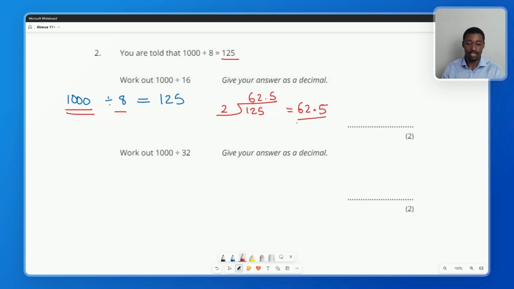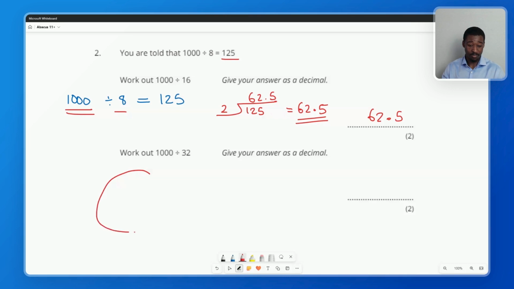It makes sense, right? If we have a pizza and we cut it into more sections, then each person, each mouth there is to feed gets less pizza. So 62.5 is our answer. That's how we think about this. And then same thing for 1000 divided by 32.